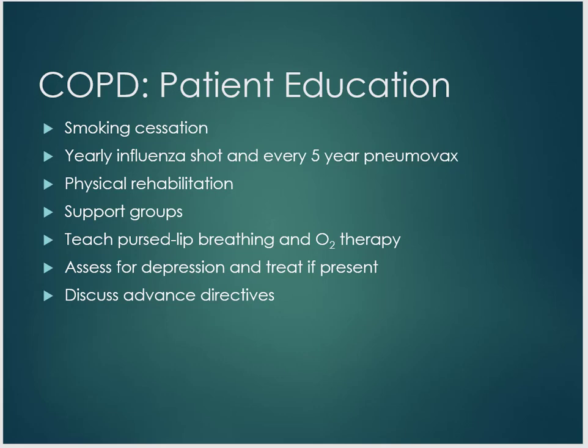Would they want to be put on the ventilator and have all measures taken? So those are some difficult discussions to have, but important discussions to have while your patient is able to have.